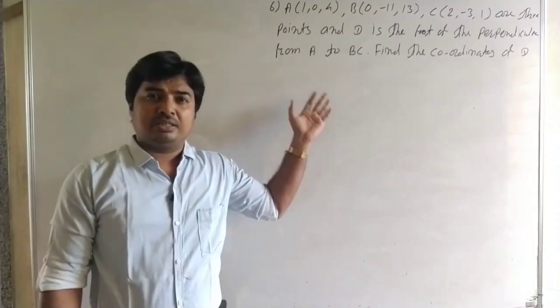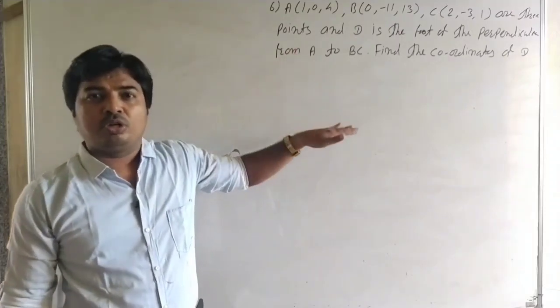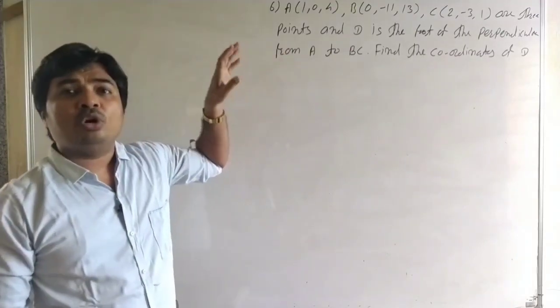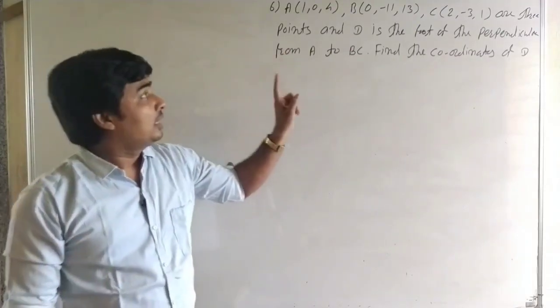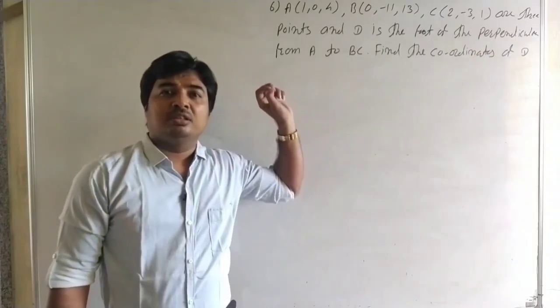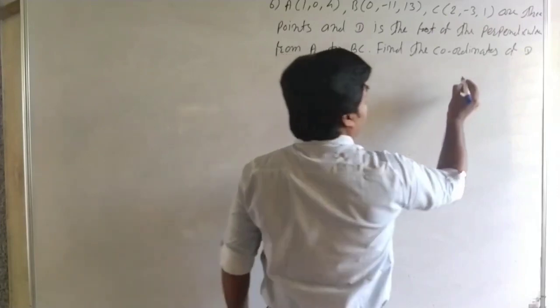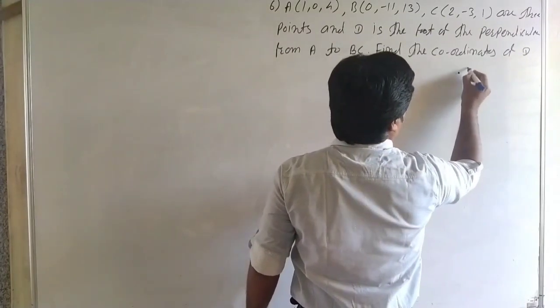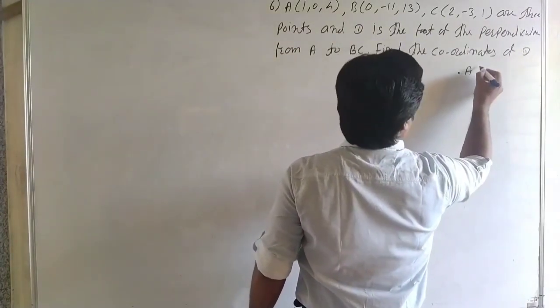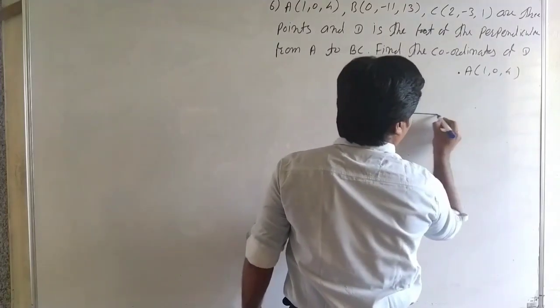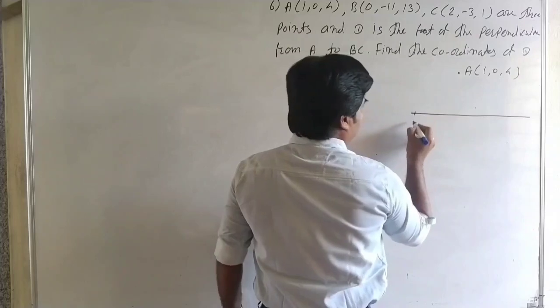Okay. Now, here the last example and this example are the same. In the last example, we wanted to find the coordinates of the foot of perpendicular and the length. Here it only asks to find the coordinates of the foot of perpendicular. But in the last example, the equation of the line was given. Here the equation of the line is not given. See carefully. Point A is (1, 0, 4), and it is perpendicular to the line BC.